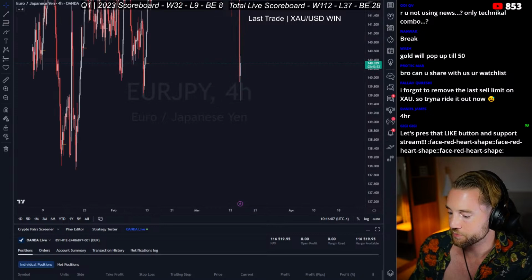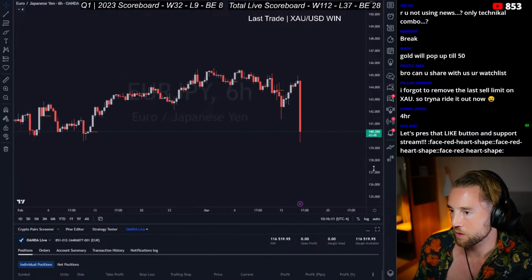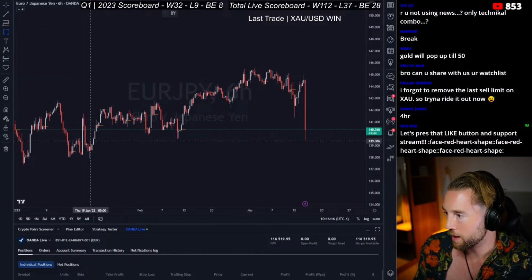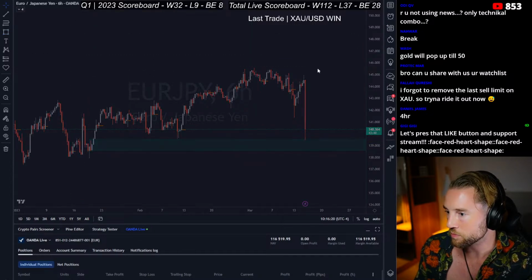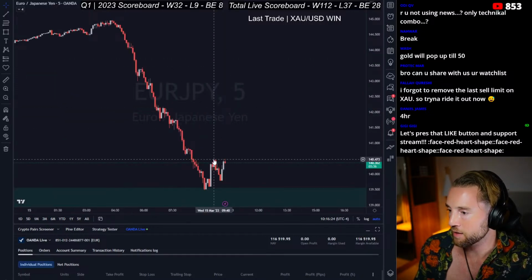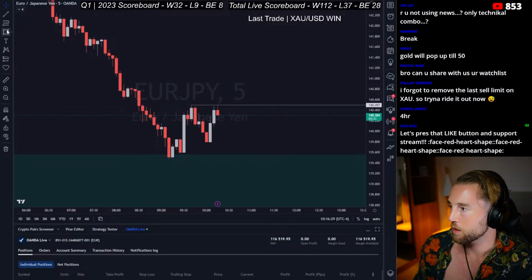Yeah, there we go. This particular zone, we tapped into that beautiful range. 5 minute, that's the high you want to break. That's another level where we bounced from.